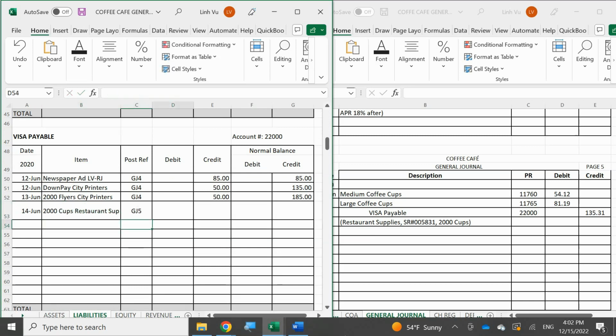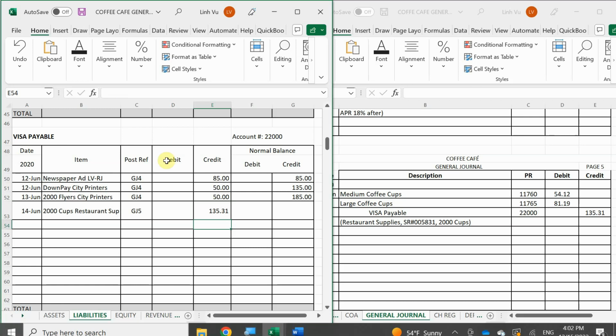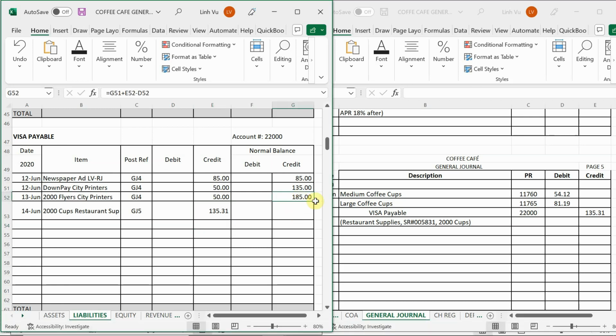General Journal page 5 here, which put $135.31 on my credit card. Okay, so therefore that should give you a total current balance of $320.31 on your credit card.